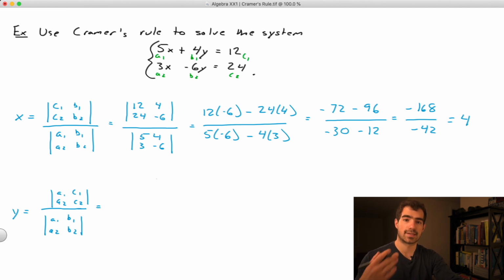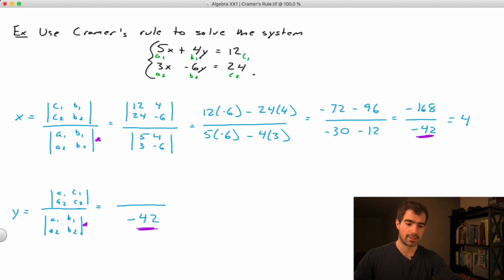We want to do this similarly with y. So if we look here, we've got a similar denominator, right? A1, B1, A2, B2. And so we know that this is still going to be negative 42 because we've already computed it. This is identical to this. And so because of that, we can just pull that same value. Now looking at the top, we've got A1, C1.